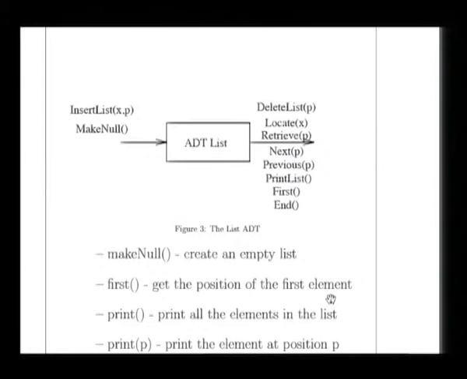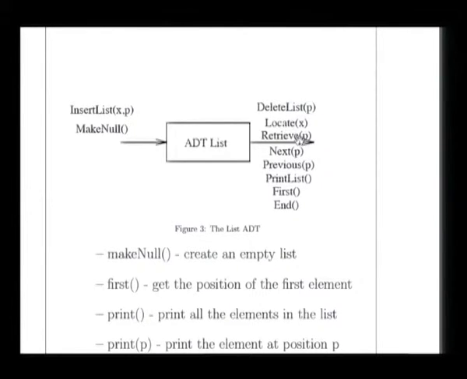We have not yet talked about how the list is going to be implemented. We will do that a little later. What we are first defining is an ADT list, and this tells me what operations go into the ADT list. We first create an empty list, then you insert into the list at a particular position, then you delete elements at a particular position. You can locate whether a particular element is in the list.